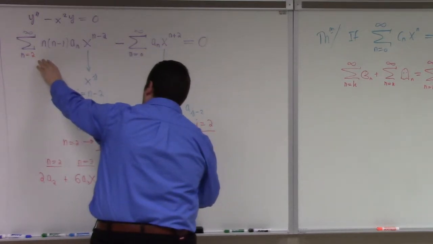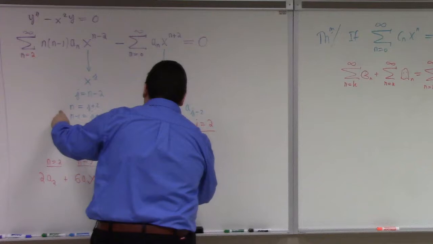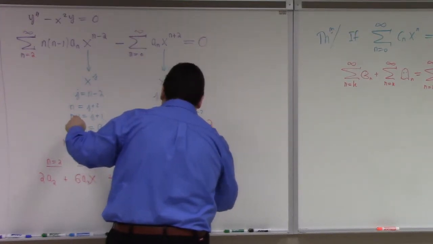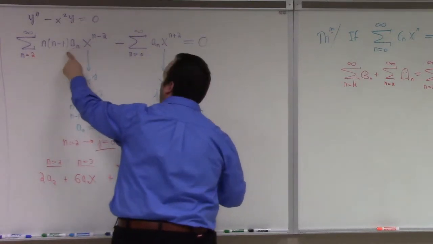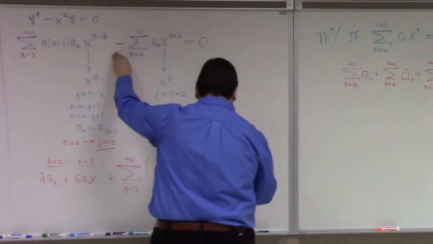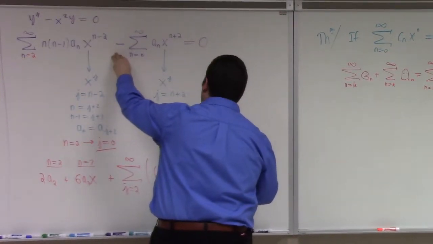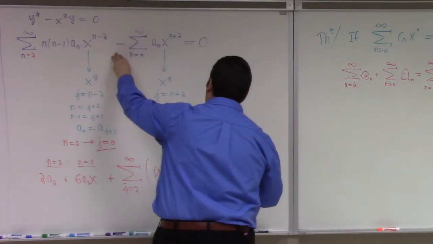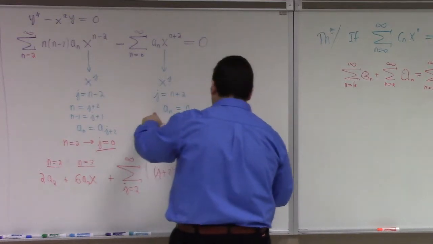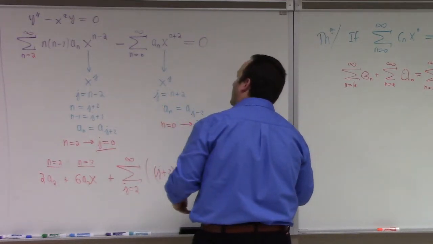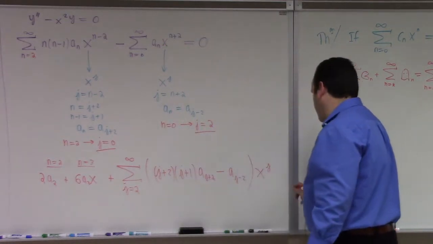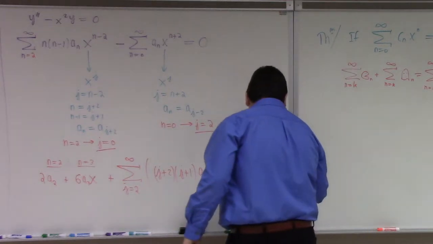This is actually j plus 2 times j plus 1 times a sub j plus 2 and then minus a sub j minus 2, right? And yep, all times x to the power j. And this is equal to 0.